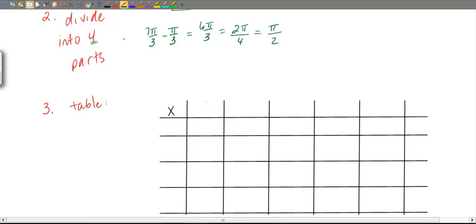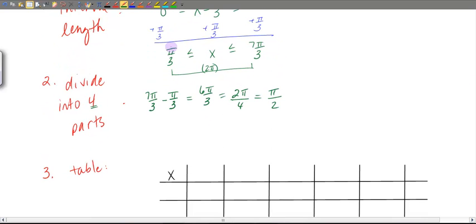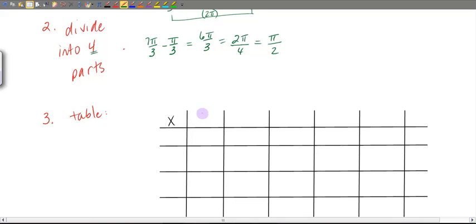Remember from up here, my interval is now between pi over 3 and 7 pi over 3. So on the left-hand side I'm going to write pi over 3, and on the right-hand side I'm going to write 7 pi over 3. Each time I move to the next column, I'm going to add pi over 2.